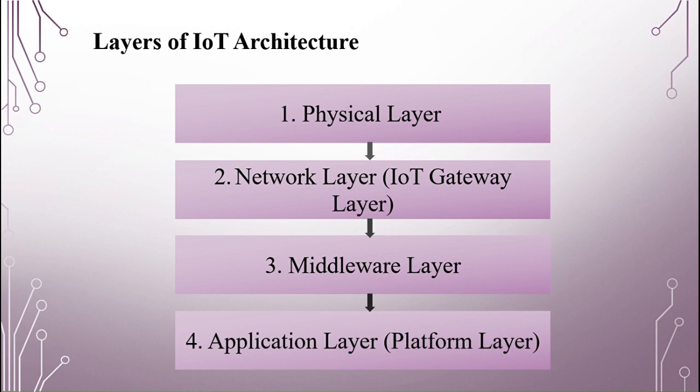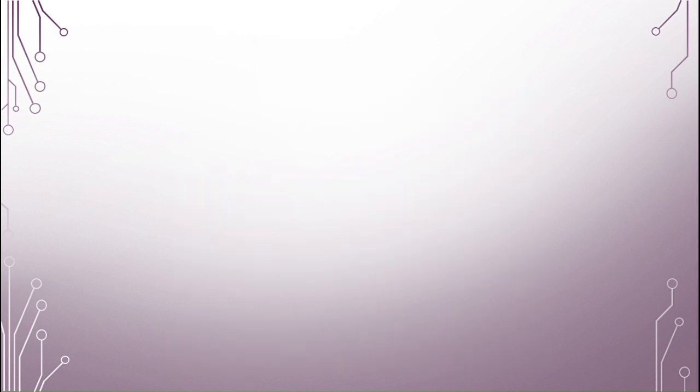The application layer of IoT architecture consists of applications that use data collected from devices. So whatever data is collected from the devices, it takes the data, processes it and improves decision making. So this is all about the layers of the architecture.